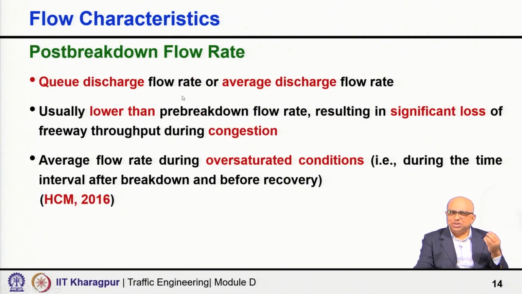That is called the queue discharge flow rate, usually lower than the pre-breakdown flow rate, resulting in significant loss of freeway throughput during congestion.